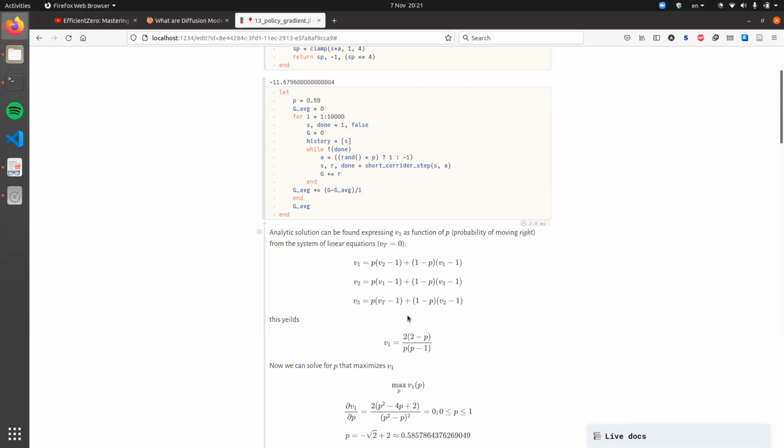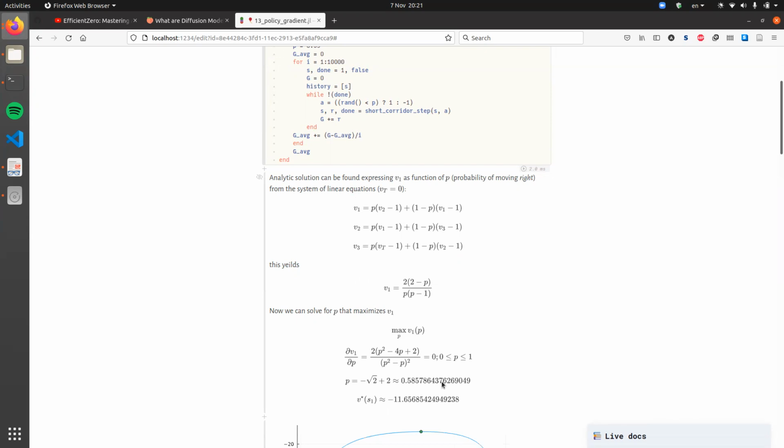You can solve this grid world by formulating a system of linear equations, recursively defining each state in terms of the other states. Then we can express the value for the initial state in terms of the probability of moving right. Simple algebraic manipulations applied to this system of equations give us this form for the value of state 1.